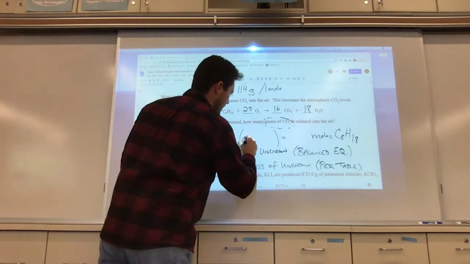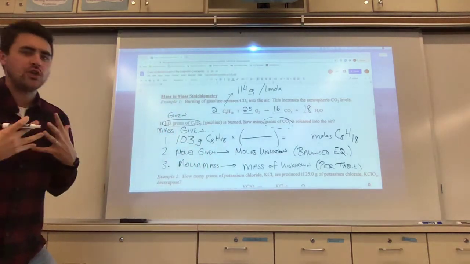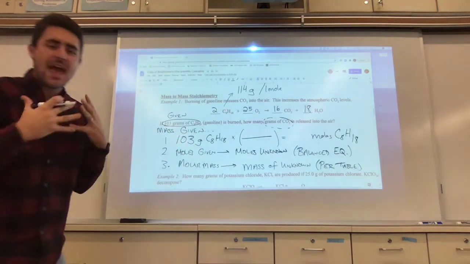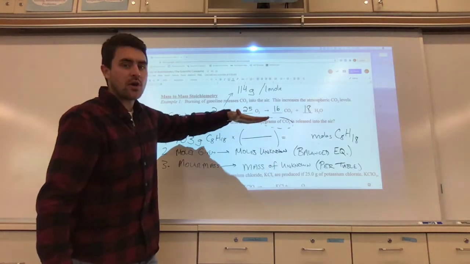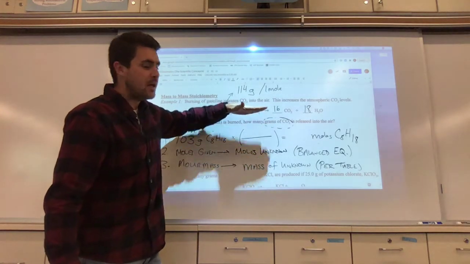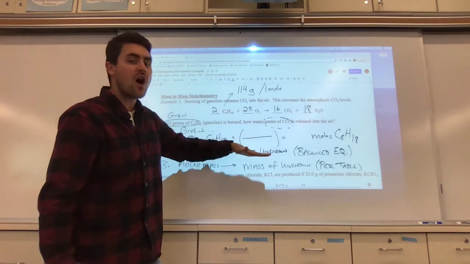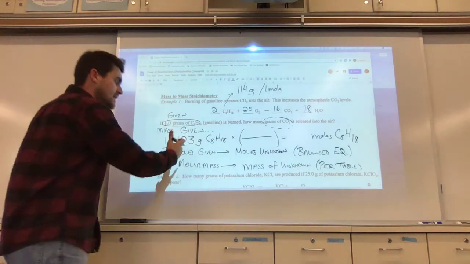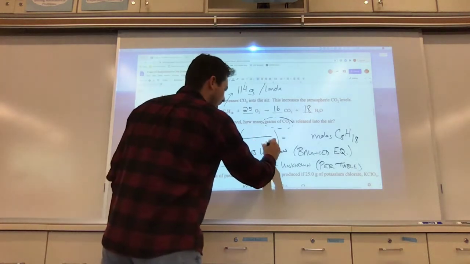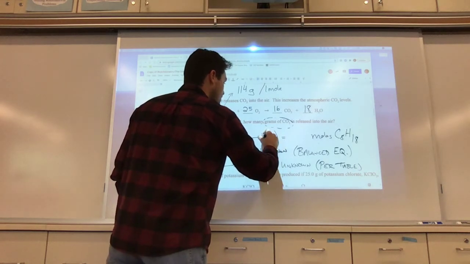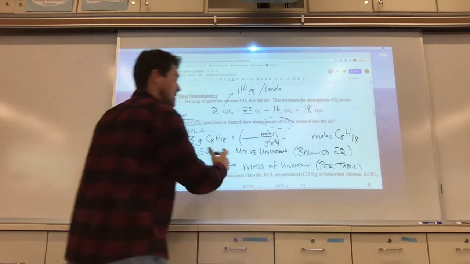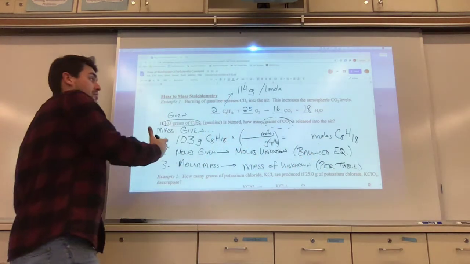We talked about in class that anytime we're converting something, we always want what we are converting to on top and what we are converting from on bottom. So in this case, I want grams of octane down here and moles on top, because I'm converting into moles from grams.